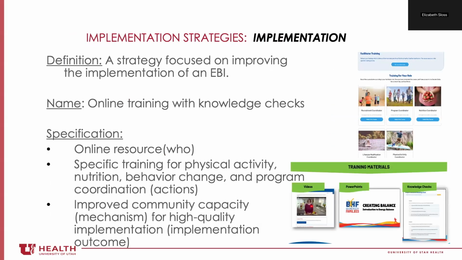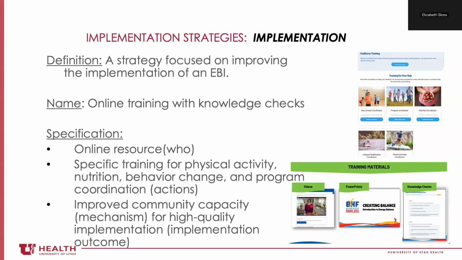Okay, so then this is one I talked about a little bit earlier as well. Here's our packaging for Building Healthy Families. The definition here is a strategy focused on improving the implementation of an evidence-based intervention: online training with knowledge checks. You can see here, who's delivering it? Well, it's online, so it's technologically available to folks. What are the actions?